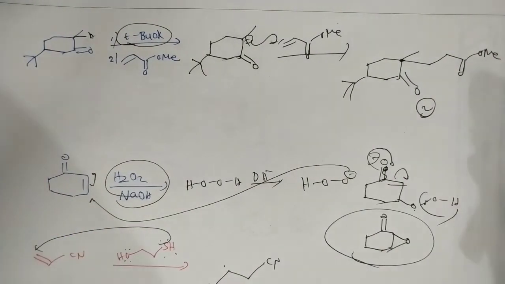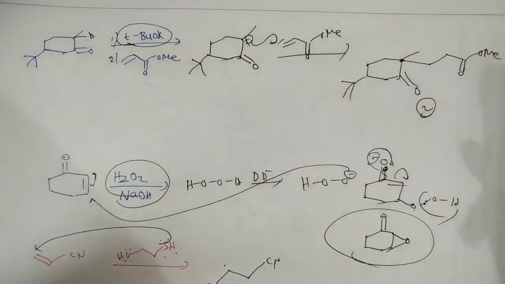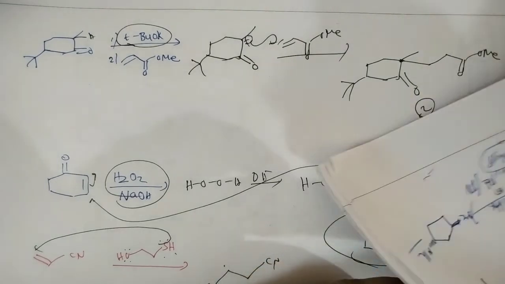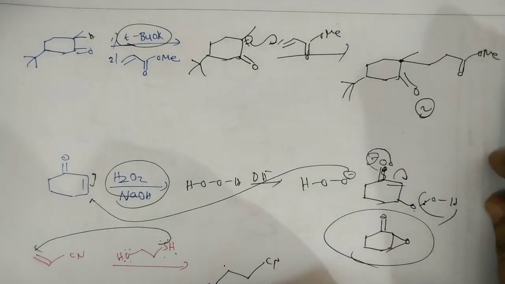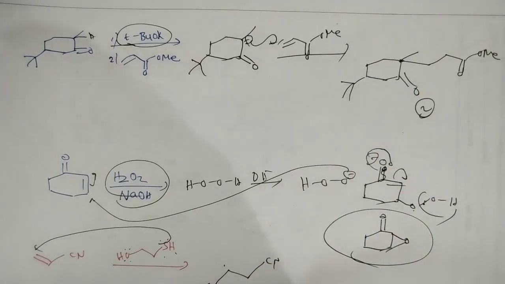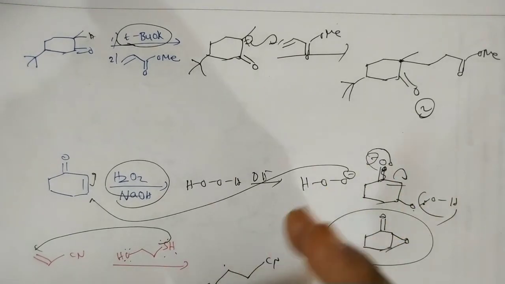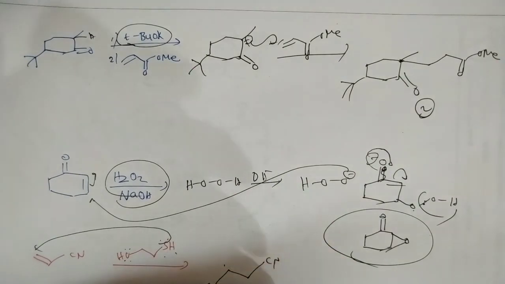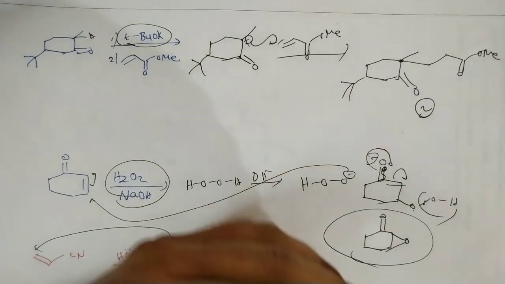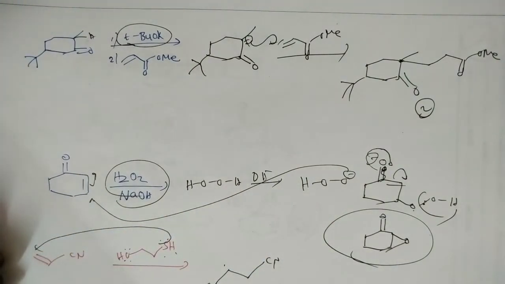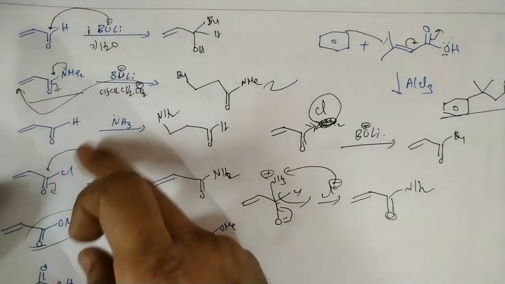Finally, with the alpha beta unsaturated carbonyl compounds, Grignard reagent and alkyl lithium are involved in a direct addition reaction, and all the remaining ones, that means HCN, amines, alcohols, thiols, alkoxide ions and HBr, are involved in conjugate addition reactions.